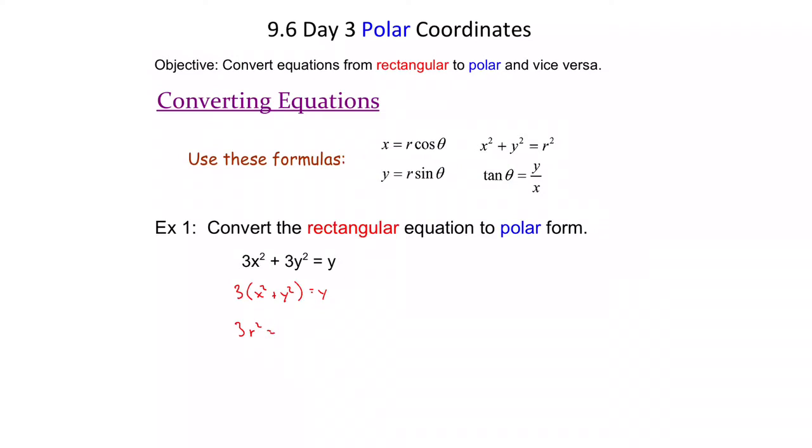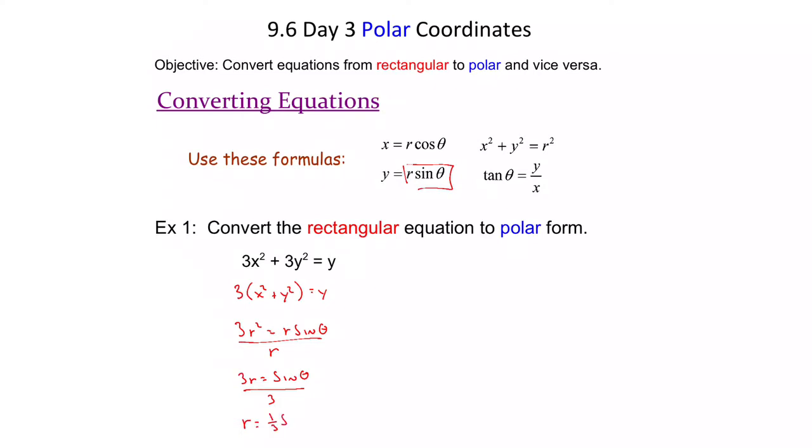We can also convert the y to polar form, which is r sine theta. So 3r squared is equal to r sine of theta. Now when we convert this into polar form, we either want to solve for the r or solve for the theta. So you can see on this one that we have an r squared and an r, but since they're in common, if we divide by r, we get 3r is equal to sine of theta, and then we can isolate the r by dividing by 3.